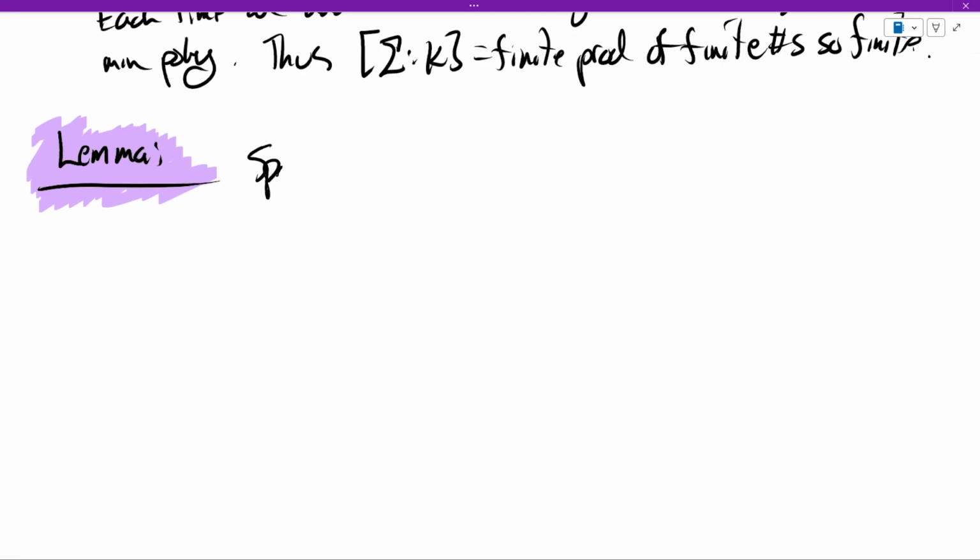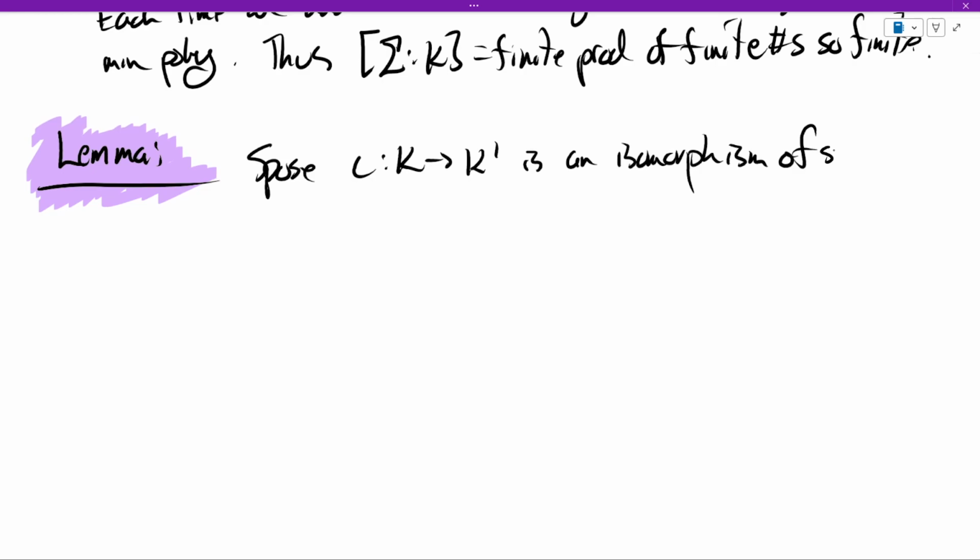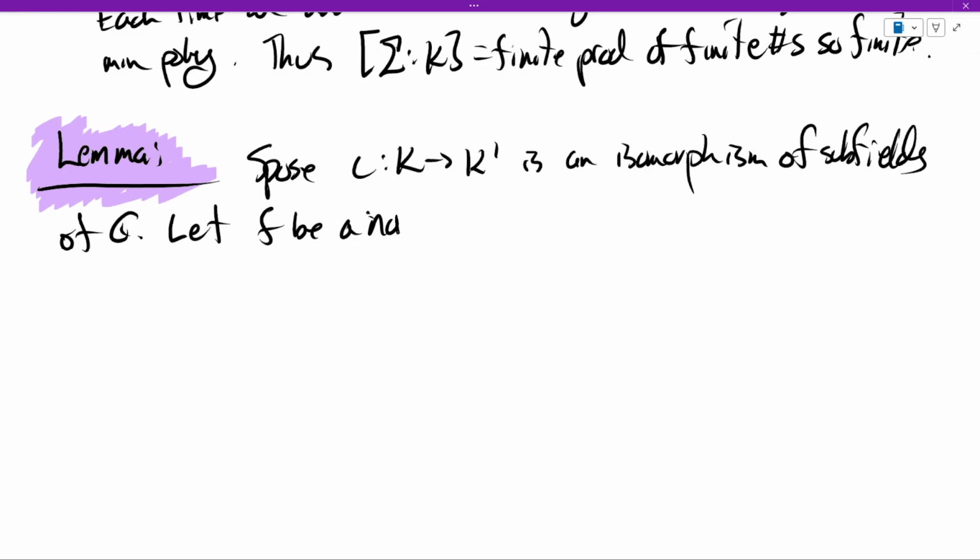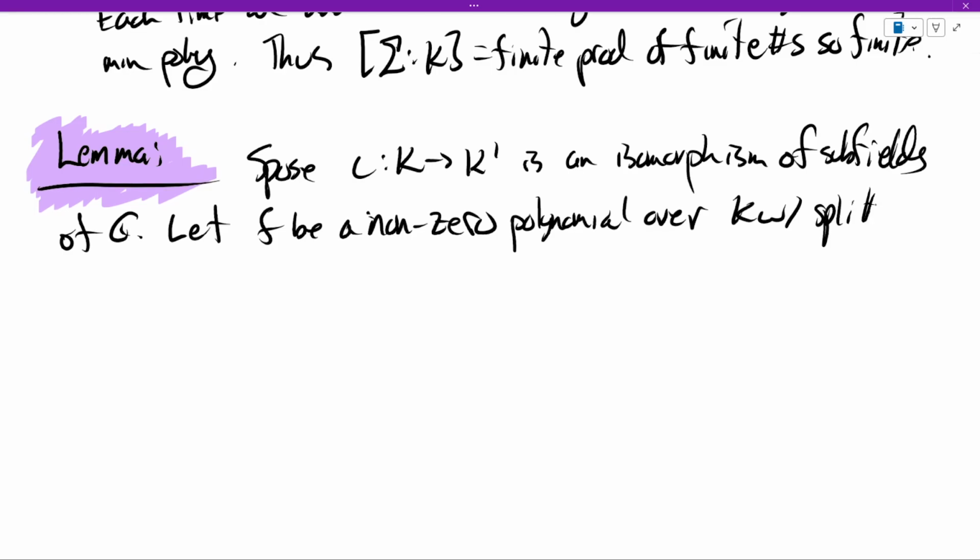Suppose that iota from K to K prime is an isomorphism of subfields of C. Let f be a non-constant polynomial, well, I guess even non-zero, the distinction is not important, over K with splitting field sigma.